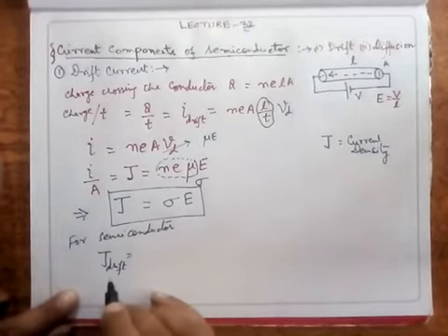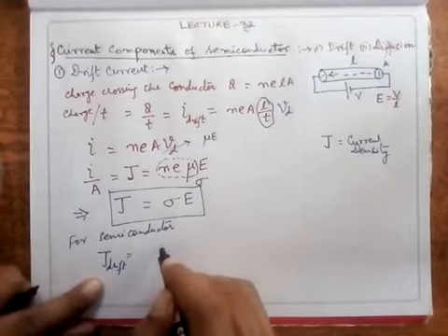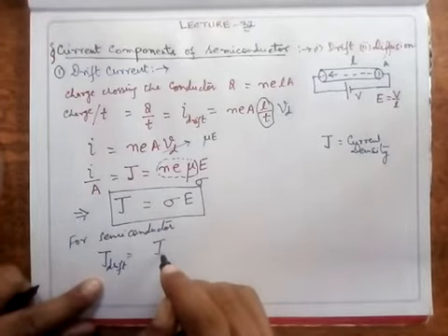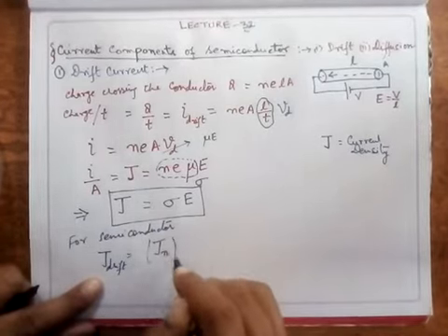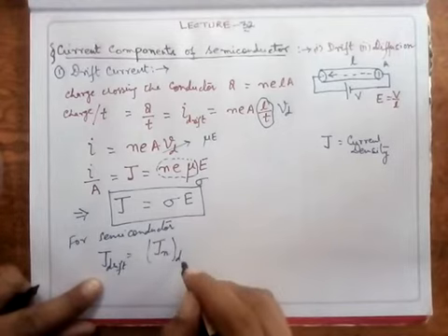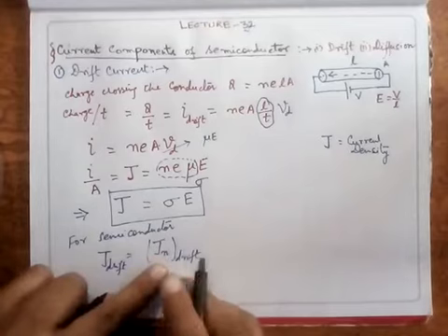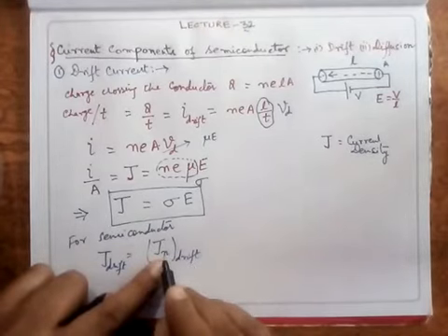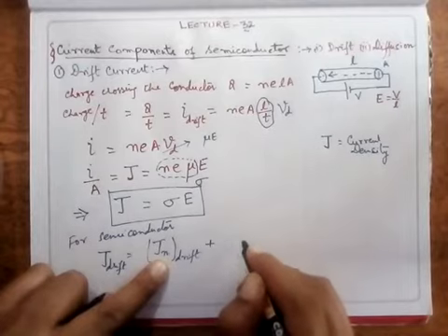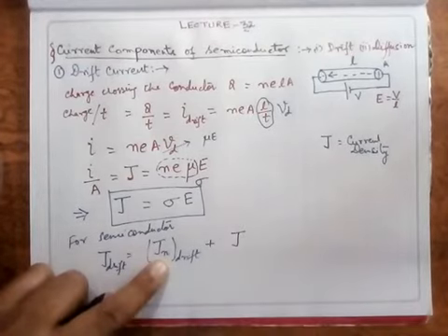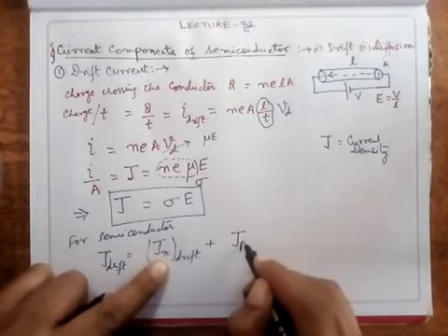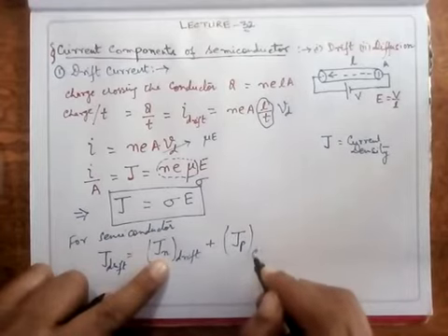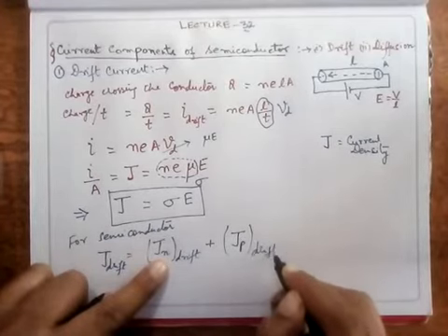J drift, I am writing, is the drift current density, which is equal to the drift current due to electrons, J n, where n means electrons, representing negative charge, plus J p, that is the drift current due to holes.